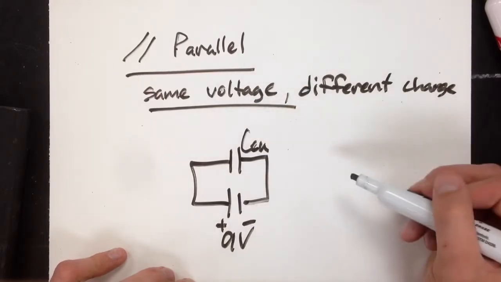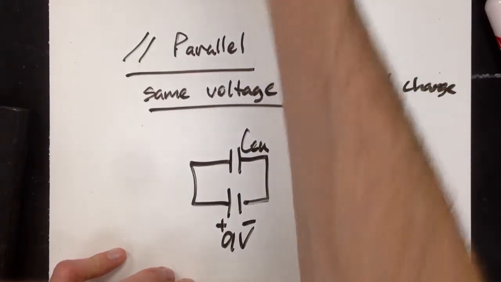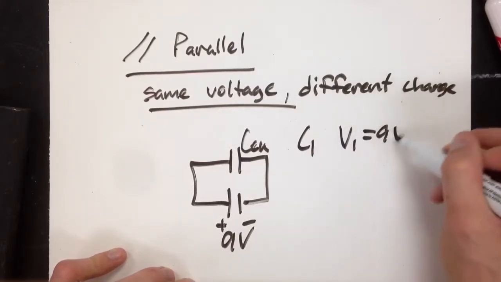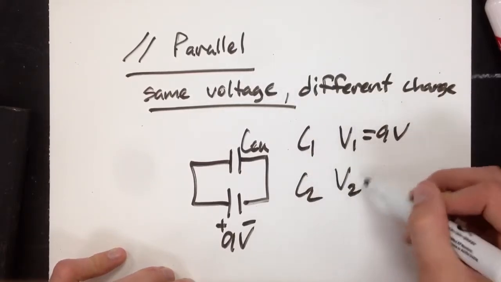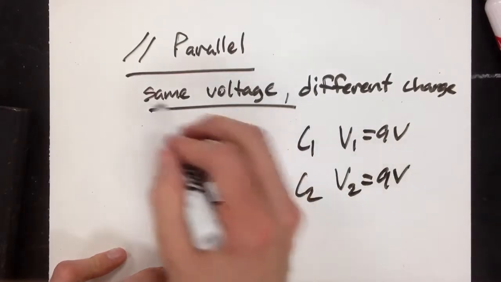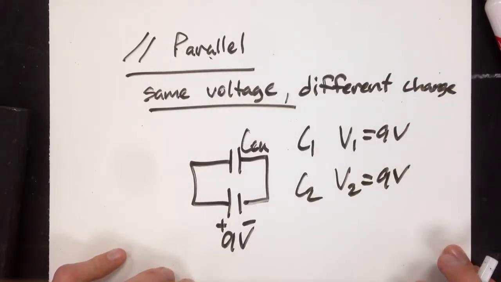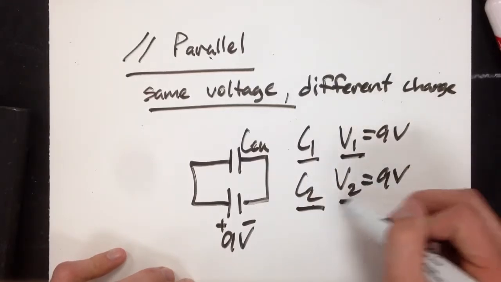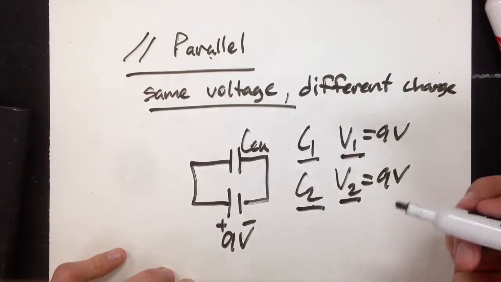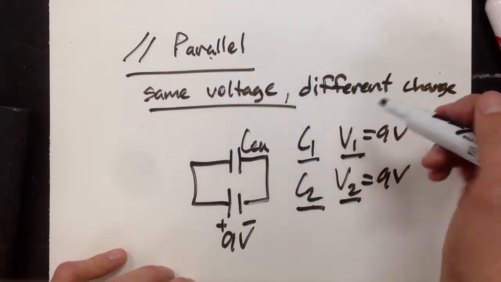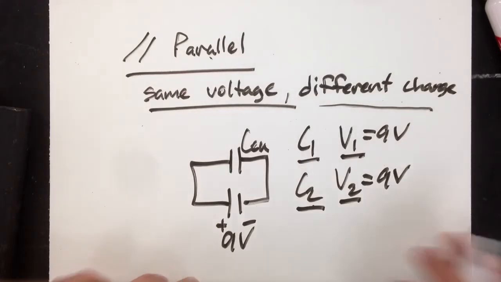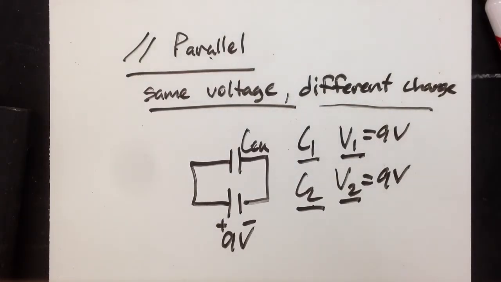That's my equivalent capacitor, which means each of my capacitors, C1, it has a voltage V1, which is 9 volts. C2 has a voltage that is also 9 volts. Parallel, same voltage. Now, we have the capacitance and we have the voltage. We can solve for the charge on each because they have different charges built up. So, that's a quick rundown of capacitors that are in series and are in parallel.